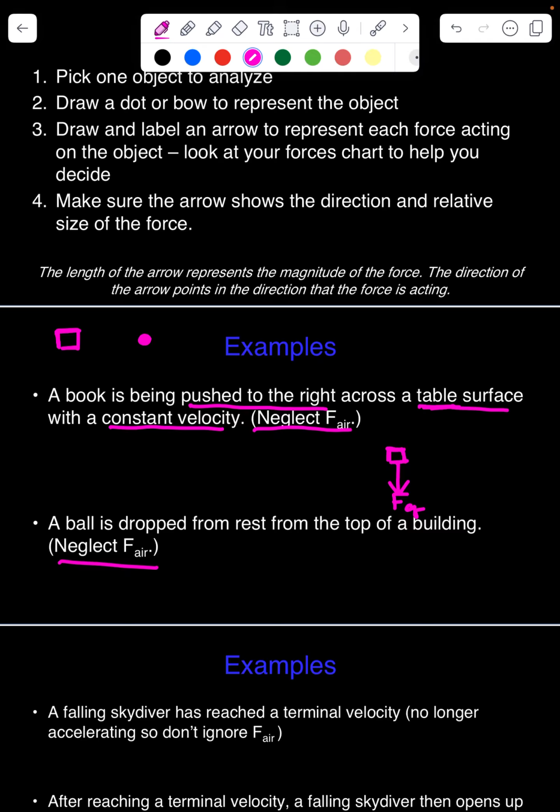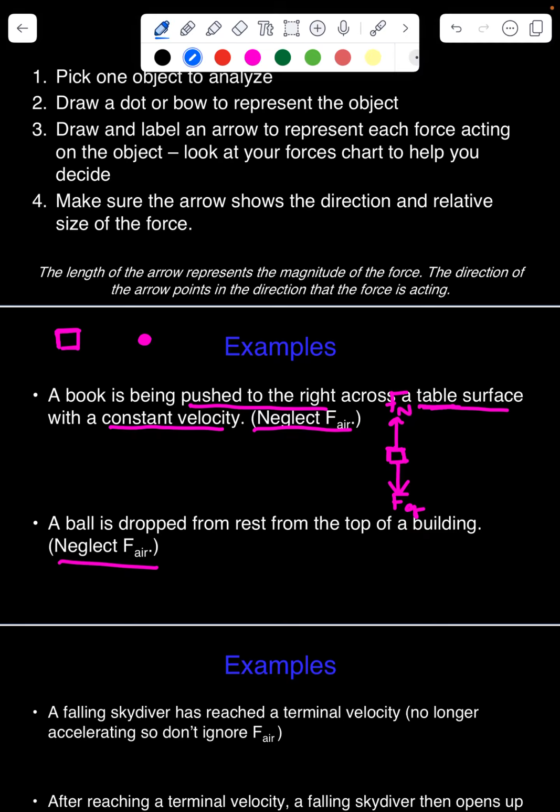So that table is what is keeping that book from going down, down, down from the force of gravity. So that table is applying a normal force going upwards. And because that book is not going up and down, we know that the normal force is balanced with the gravitational force.